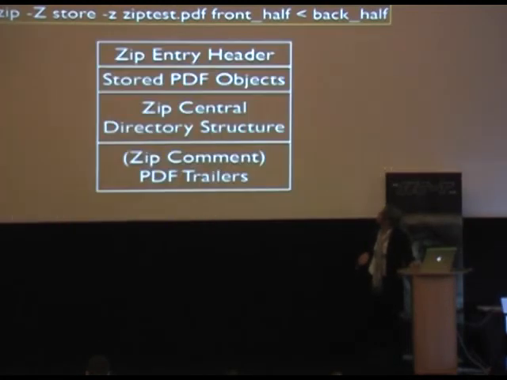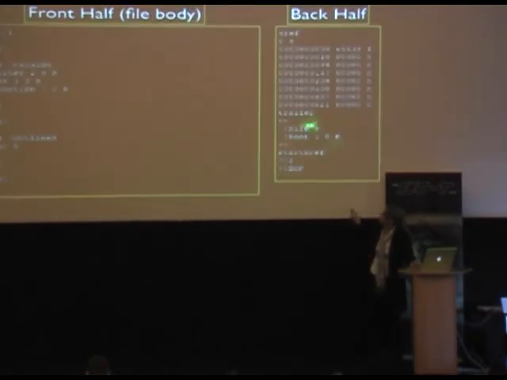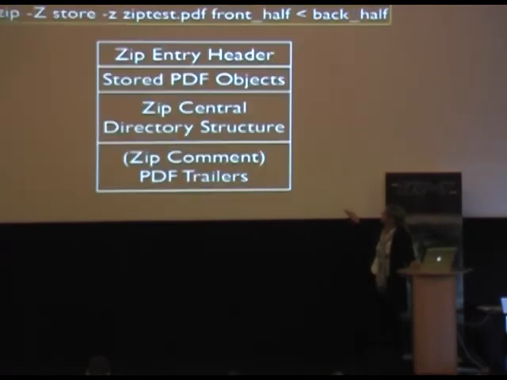So you can take the PDF, chop it in half, put the first half in a file, and put the bottom half in the comment, and essentially interlace each part of the PDF and the zip file together, and both your unzip program and Acrobat will ignore each other's chunks.